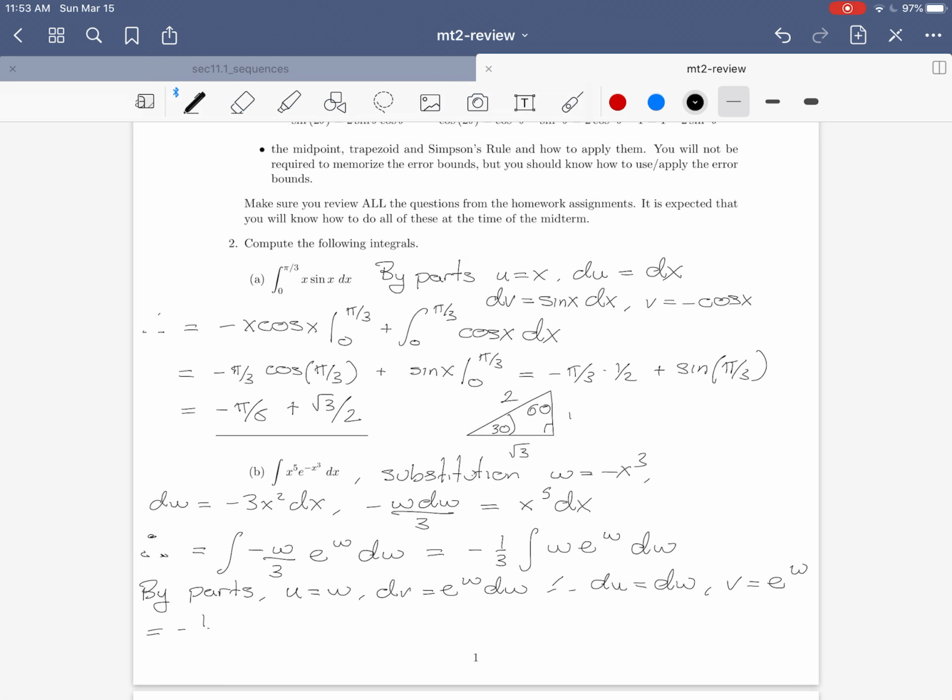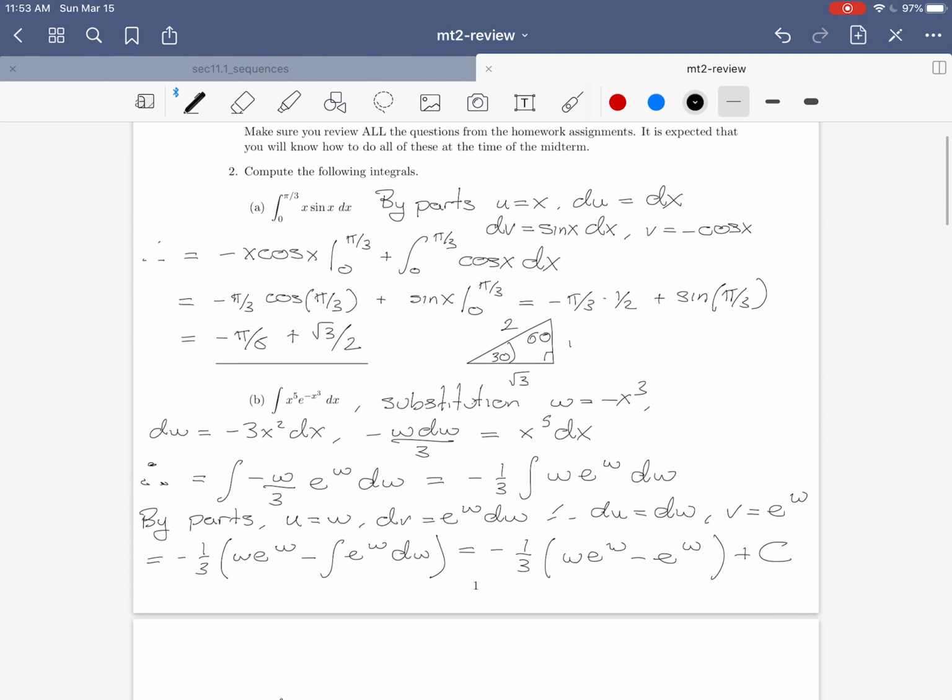So now what do we get? Using the integration by parts formula, we get negative 1/3 times uv. So uv is w e to the w minus v du, which is the integral of e to the w dw. What does that give us? That gives us negative 1/3 times w e to the w minus e to the w plus an arbitrary constant.